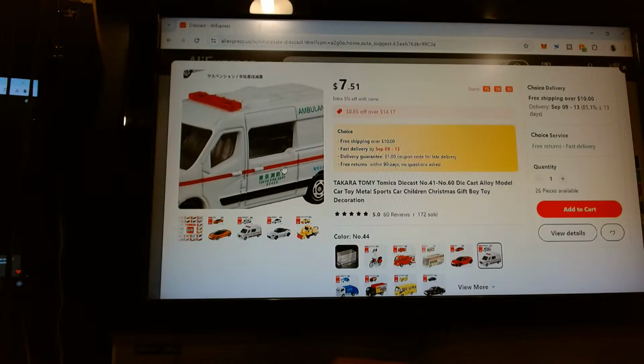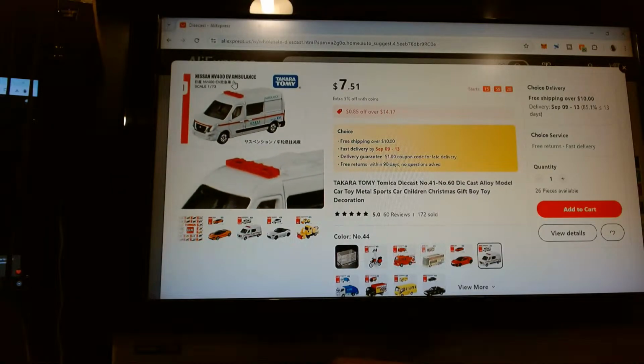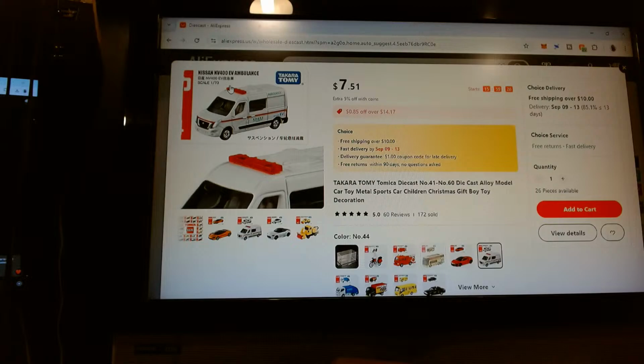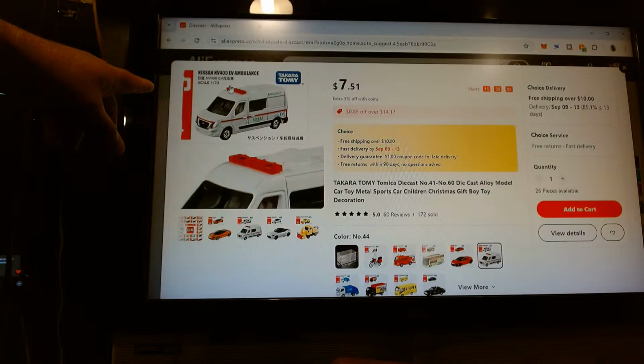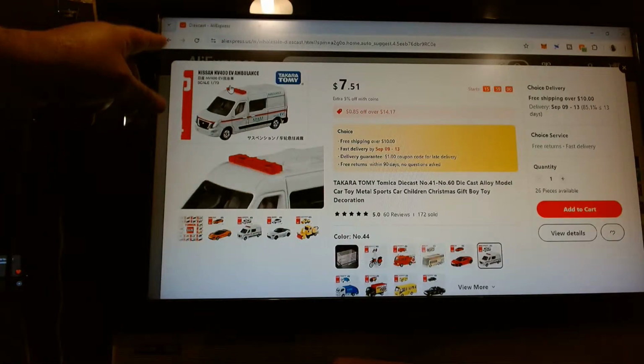So of course this one is an ambulance, and if you look at the scale on this one, it's what, 1/73 scale. So that is close to plastic model standards. Because with plastic model kits in general, there are three major scales. 1/72 scale, which is slightly larger than this 1/73.